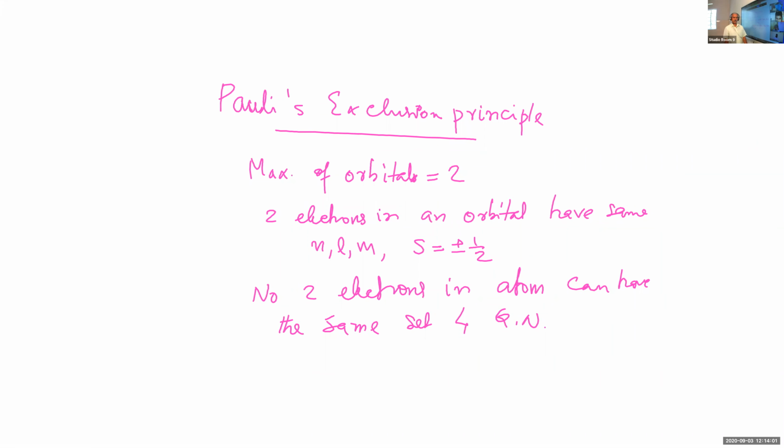Maximum three quantum numbers can be the same. Minimum one quantum number, the spin quantum number, should be different.